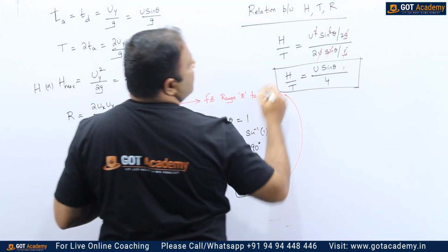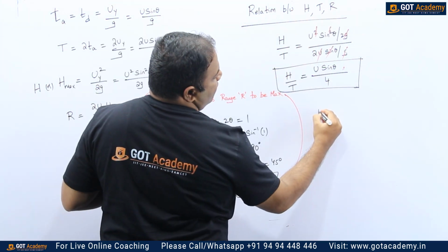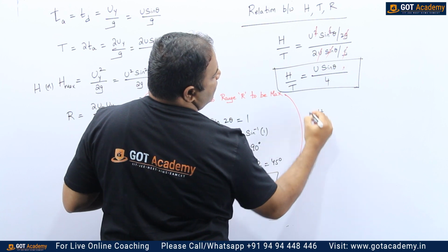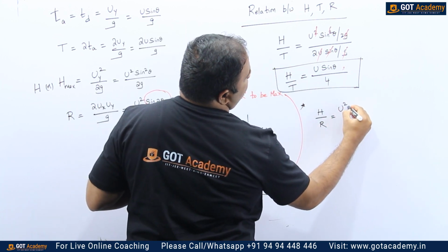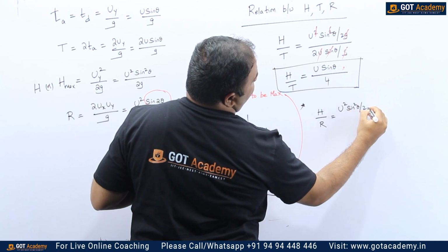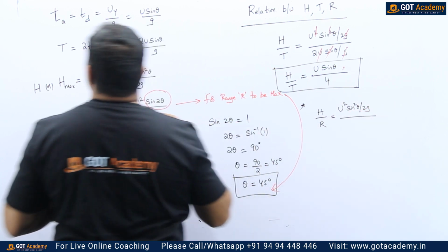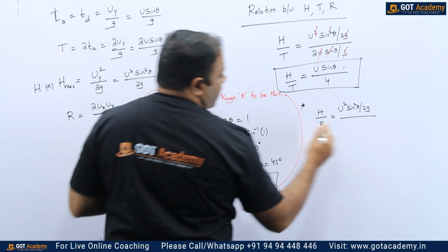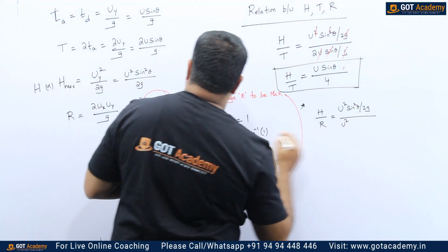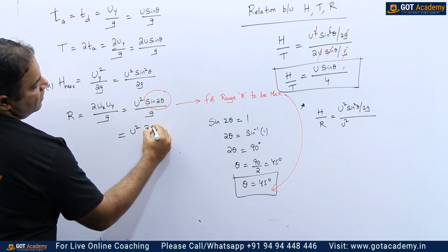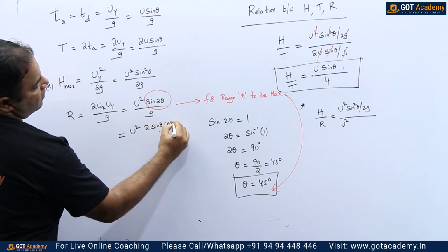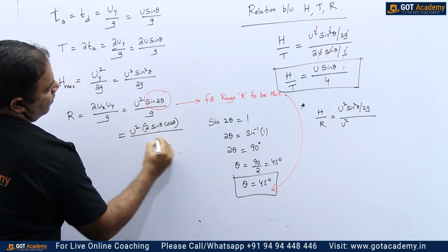I want to find out the relationship between H and R. This is the next relation I am going to find out. Very important. H is u square sin square theta by 2g, whereas range R is equal to u square sin 2 theta by g. I could write this sin 2 theta as 2 sin theta cos theta by g.